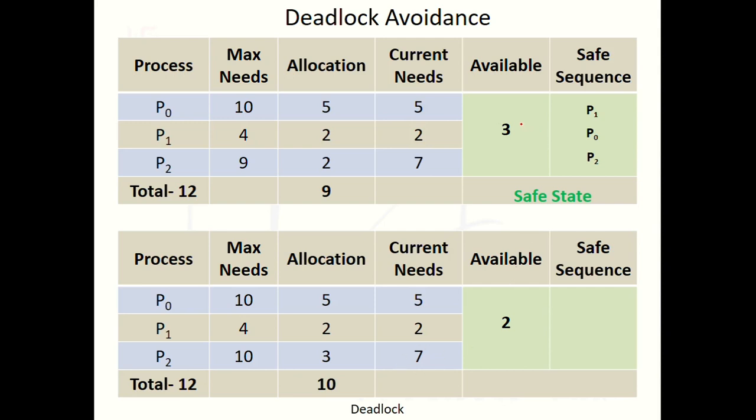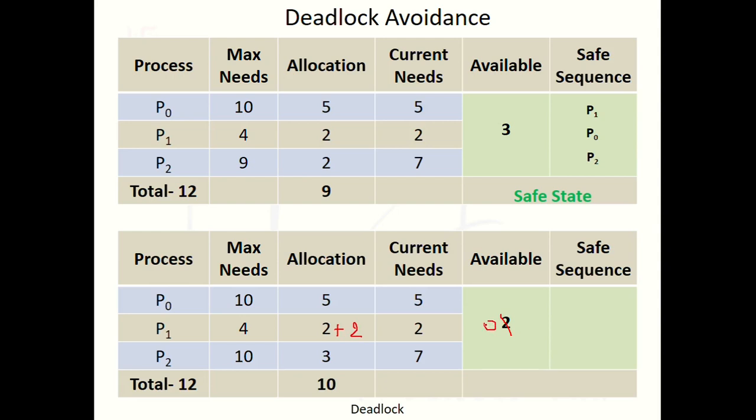Total resources available in the starting position, there were 3. Here there are a total of 2 resources available on hand, because out of 12 we are allocating 10. Now let's start to solve this the same way. Out of 2, these 2 resources we are allocating to process P1. Does any remain?